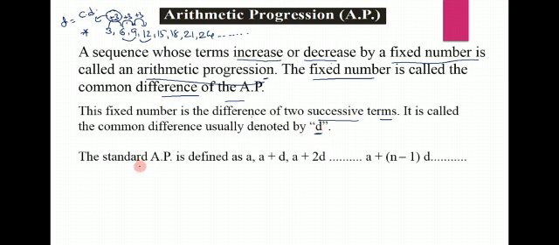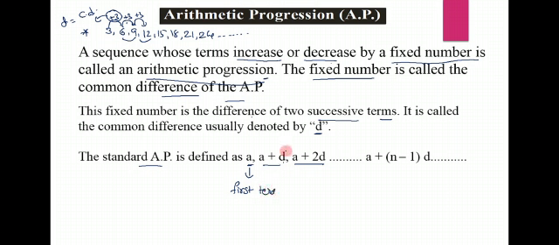The standard form of an AP is a, a plus d, a plus 2d, and so on up to a plus (n minus 1) into d. Here a means the first term, and d means the common difference.